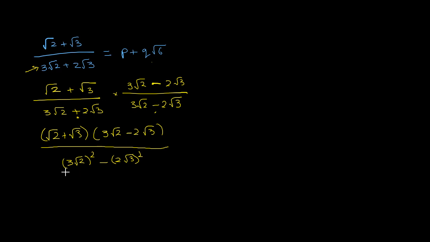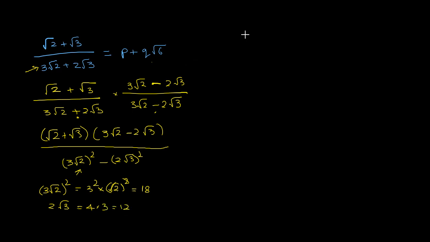Before I perform any operation on the numerator, let's look at the denominator. 3 root 2 whole square is 3 square into root 2 whole square. That gets cancelled, so only 2 will be left. 3 square is 9, 9 twos are 18. Similarly, 2 root 3 whole square will be 4 into 3, which is going to be 12.